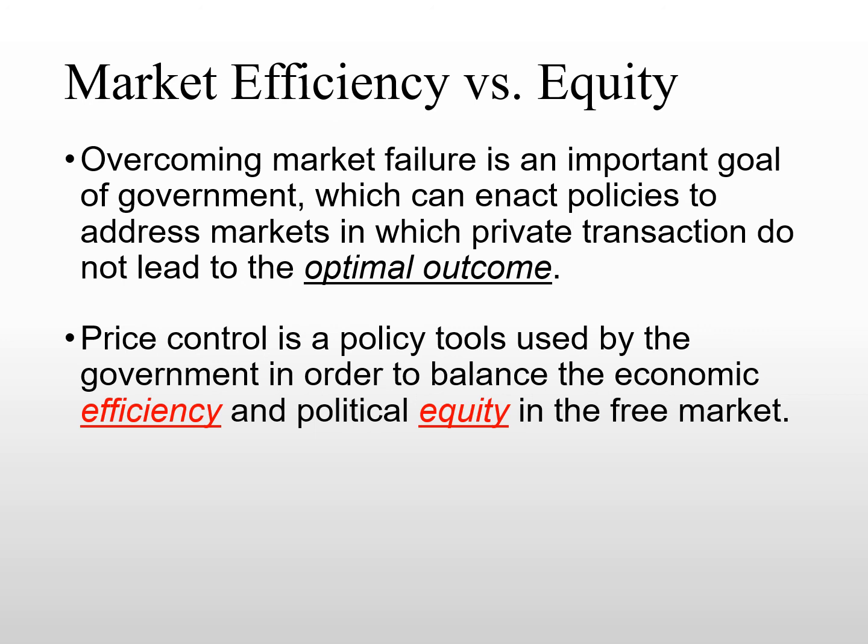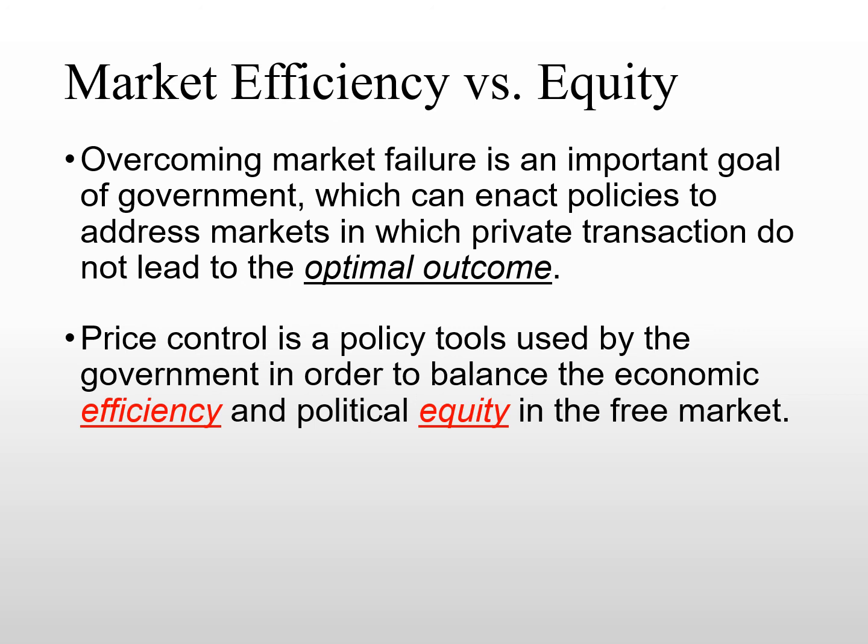So if we want to provide an equal solution, an equity solution, we have to sacrifice some of the efficiency, and therefore the government might need to take control. They have to interfere in the markets in order to provide that equity in our society.